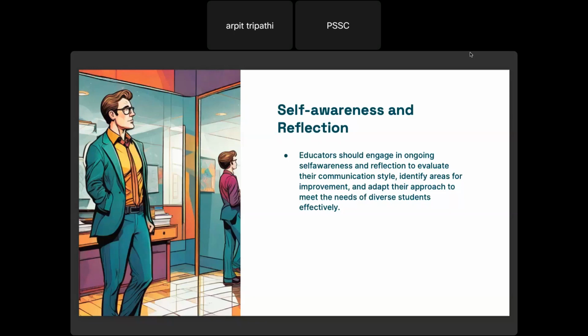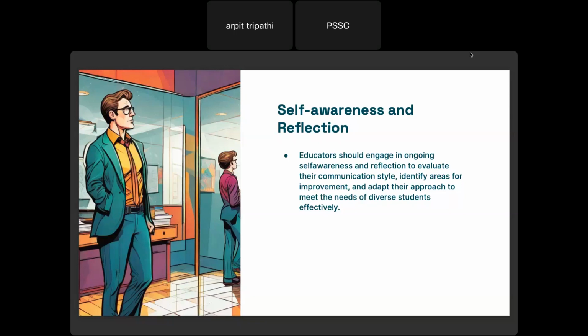So, through reflection, a teacher can evaluate your instructional methods, classroom management strategies, and communication techniques, which can lead to continuous improvement in your teaching approaches. Also, somewhere enhance student engagement.